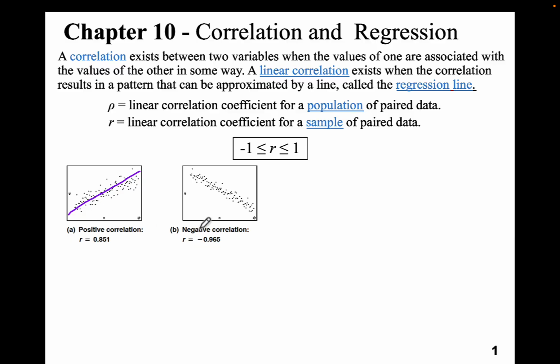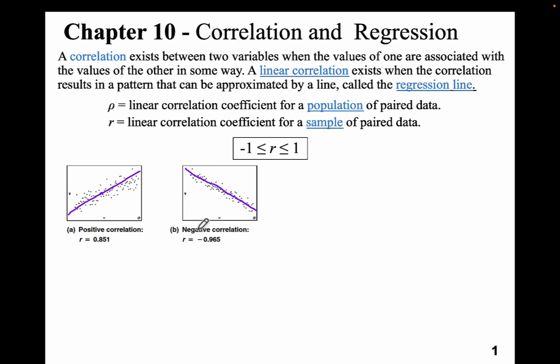Here's an example. This one's even stronger. You see how this one line would capture the behavior even more so than the last one? That just means that it is a stronger correlation. But since it's going downhill, negative slope, that means as we increase the X value, the Y value is actually decreasing, okay?